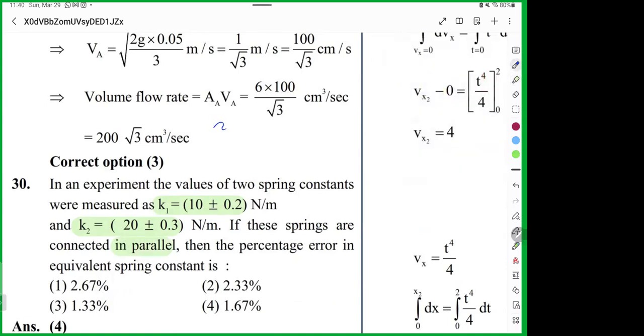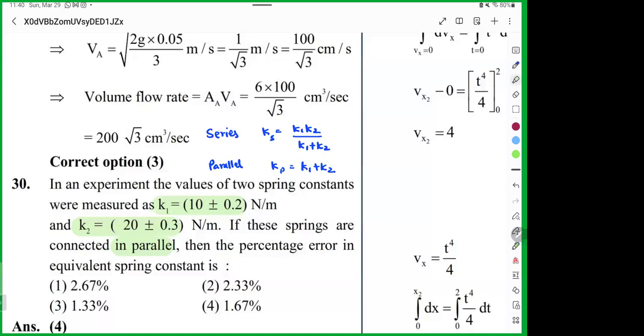I said in series, your spring constant will be equal to K1 K2 divided by K1 plus K2, where K is the spring constant. In case of parallel, your spring constant will be the simple addition of K1 and K2. This is a unit and measurement error question.